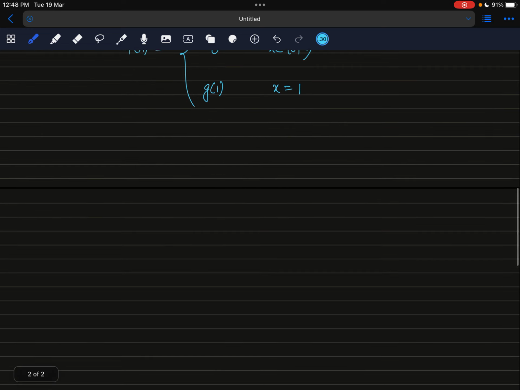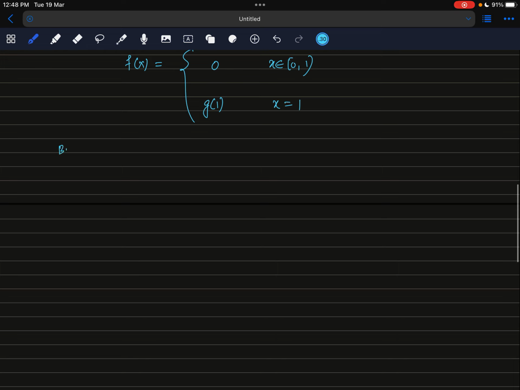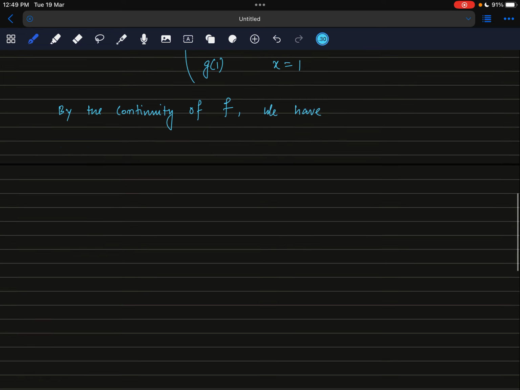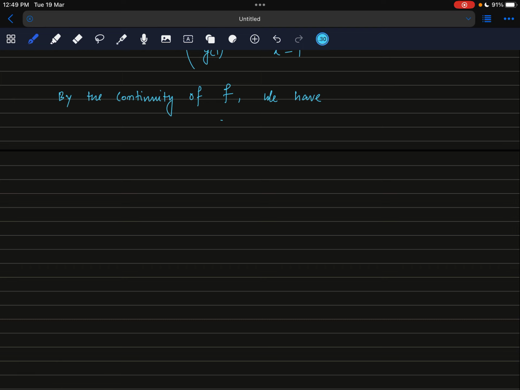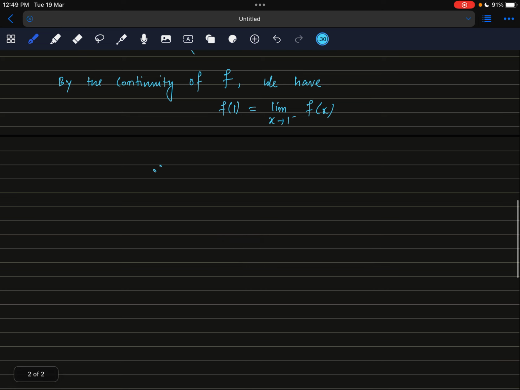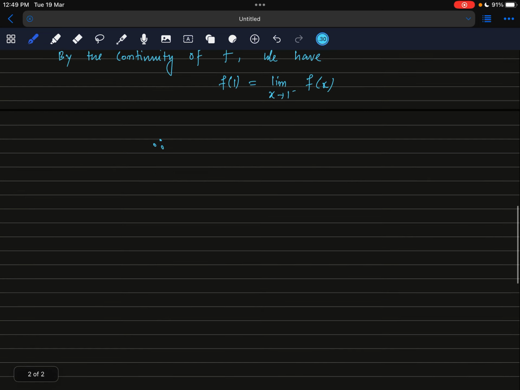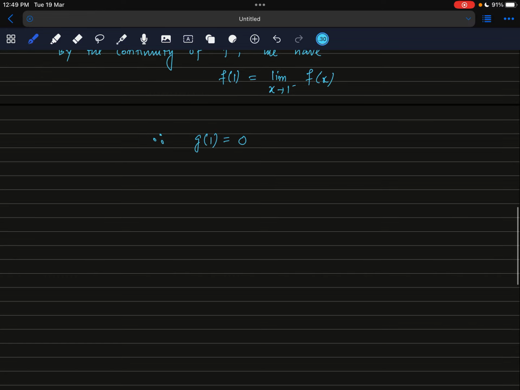But by the continuity of f, we have f(1) equal to this limit. So therefore g(1) has to be 0. Okay, so the first part is done.